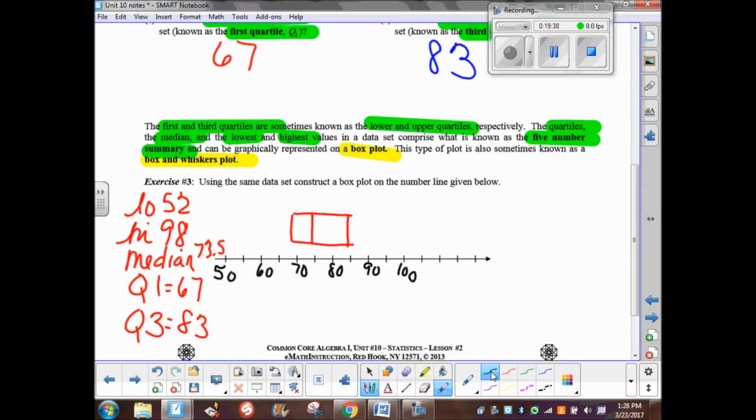So this is Q1, the median could also be called Q2, and there's Q3. Then the whiskers: we whisker out to the high, which was 98, and we whisker out to the low, which was 52. Boxing is the plot. All right, go ahead, flip it.